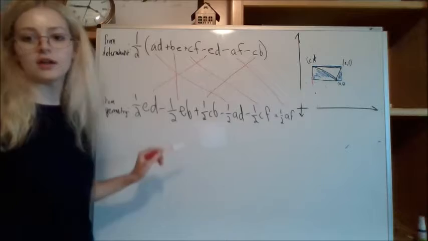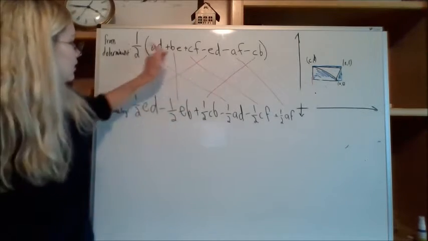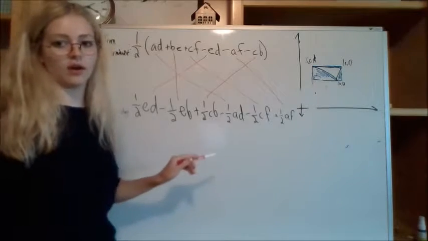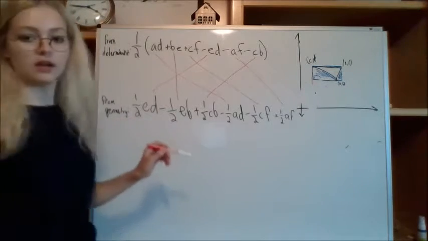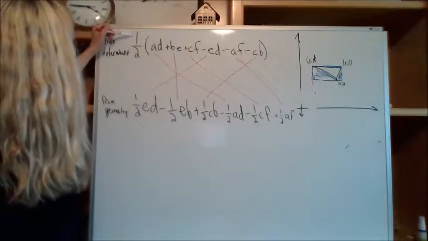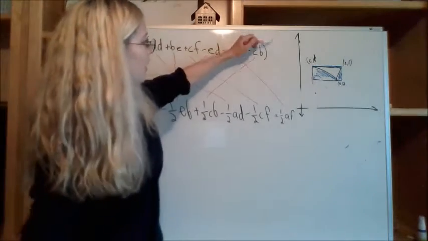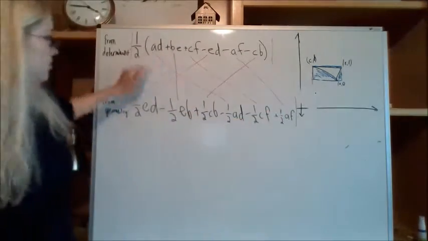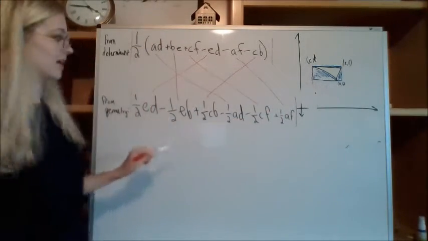And we see that this here is actually this times negative 1. But when we take the area, we are taking the absolute value. So these two statements say the same thing.